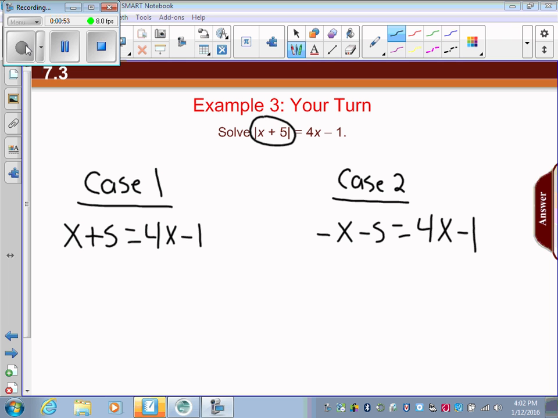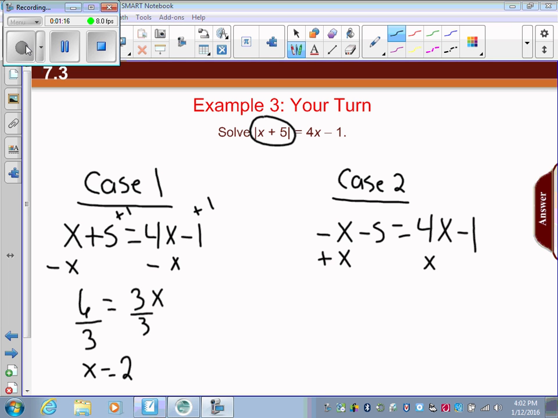So if we were solving this, we would move our x's over and put the 1 over on this side. So you're left with 6 equals 3x, or x equals 2. Okay? Over here, if I'm doing this one, I would add my x to both sides, bring the 1 across.